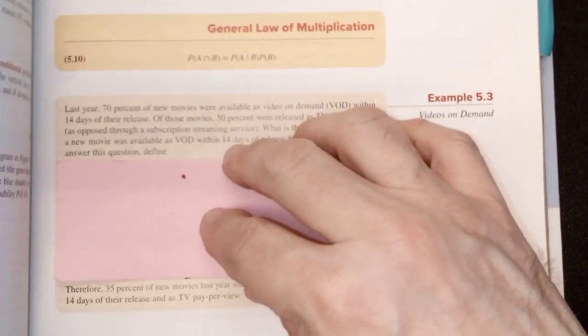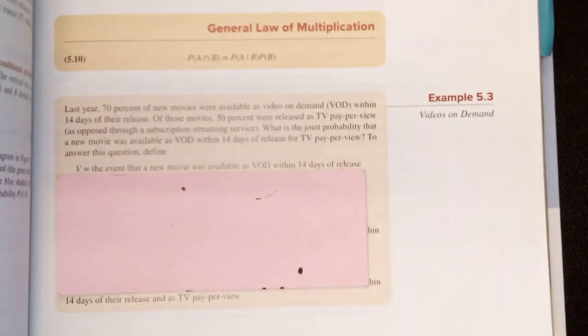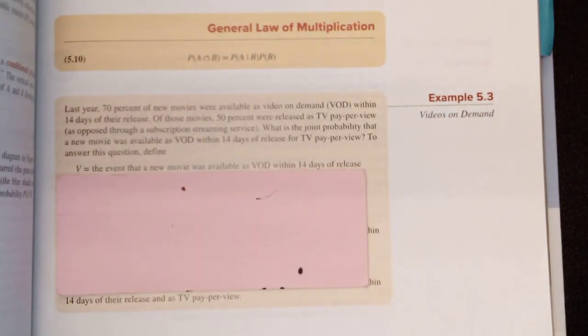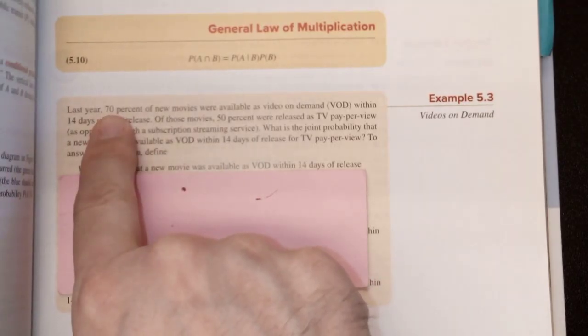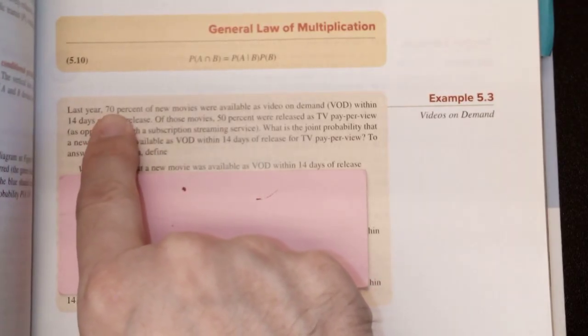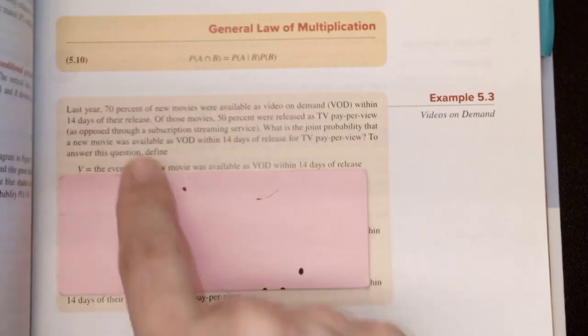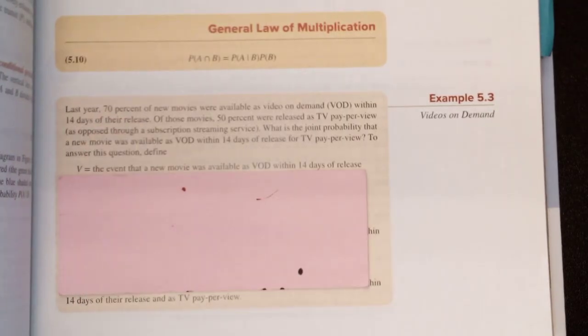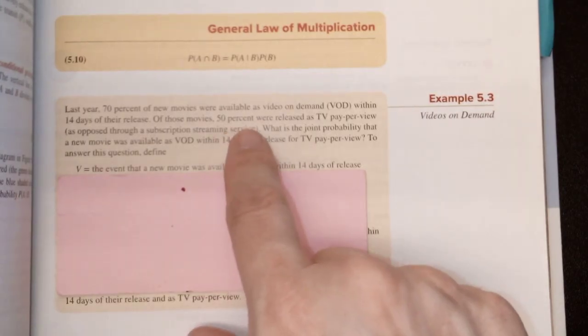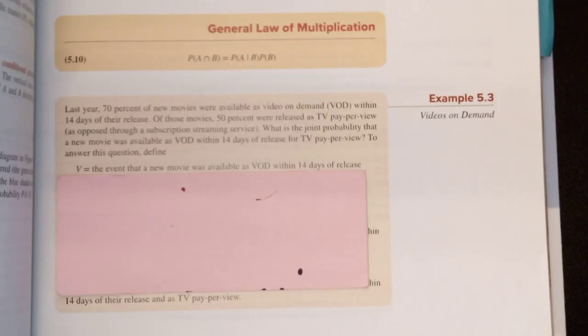Let's define a variable V. It's a video on demand movie. That means that the chance of V is 0.7. Of those movies, 50% were released as TV pay-per-view.